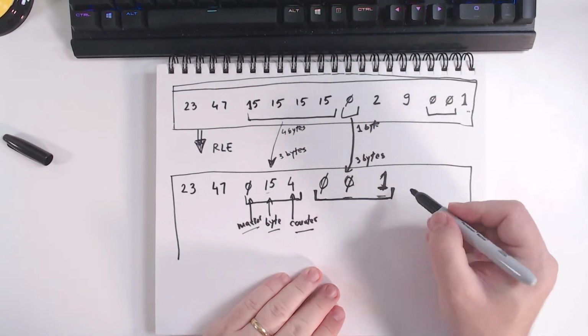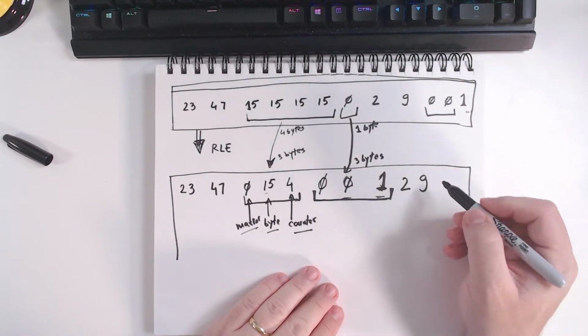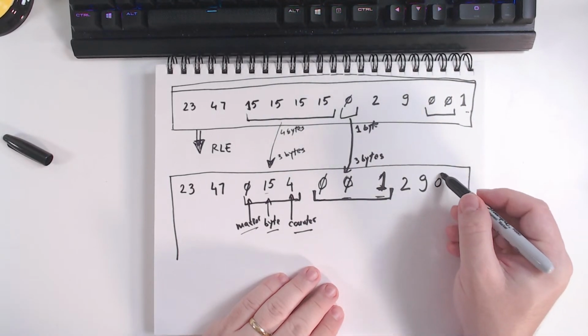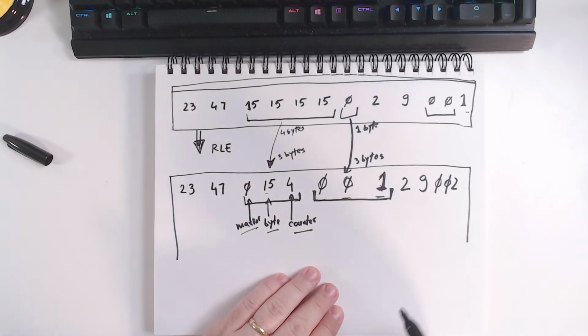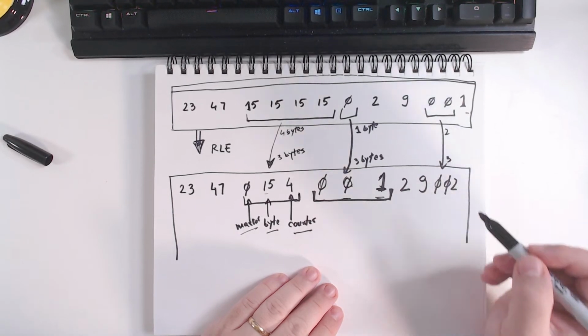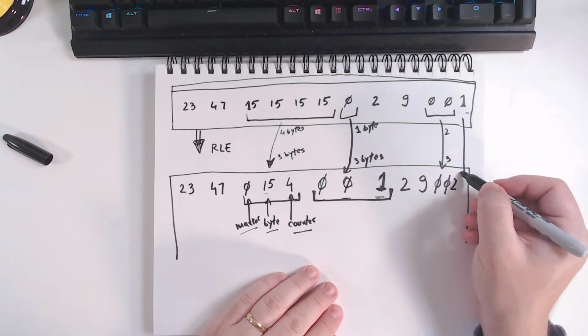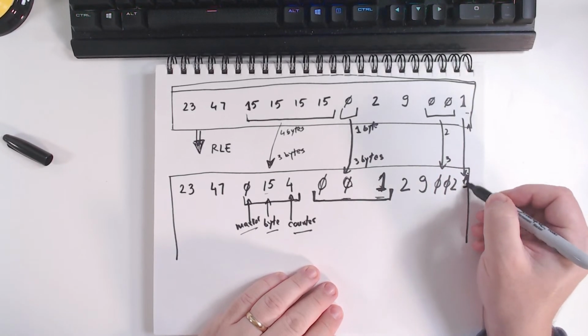And then we have 2, we'll put it here, we have 9, and then we have 0, 0. Here this will be encoded again with a 0, and byte 0 is repeating 2 times. So this is encoded like 2 to 3, also a disadvantageous situation, and now 1 to 1, so here it will be encoded as 1.